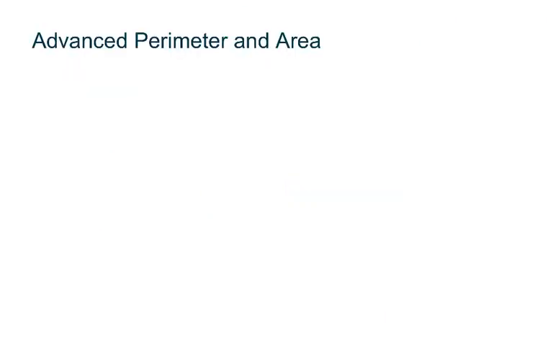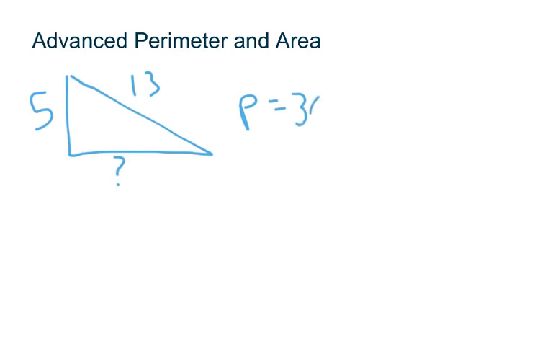One more thing. How can we make this harder? So let's say I have a triangle and you have a couple of the pieces. So it's something like 5, 13, and you're wondering what this is, and you're told the perimeter is equal to 30. Well, in a case like this, you can set it up.